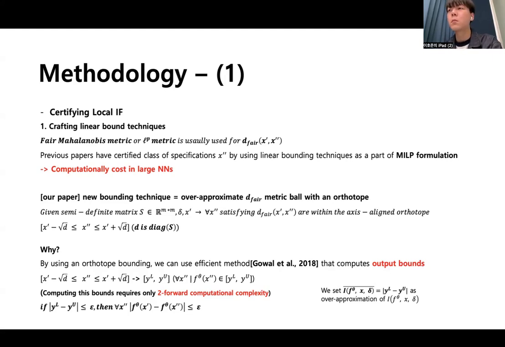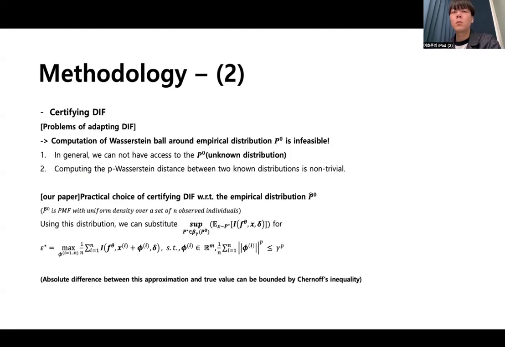The bound obtained in this process is used as the over approximation value for the previously defined maximum prediction discrepancy function. With this newly defined local individual fairness, we move on to distributional individual fairness.